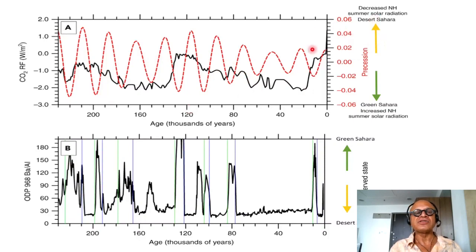So when we are in this phase here with warm CO2 forcing, we are in the decreased northern hemisphere summer radiation and desert Sahara, whereas green Sahara occurs with increased northern hemisphere summer solar radiation. Okay, so there is a drop in the CO2 forcing because warm periods would correspond to decreased ice cover.